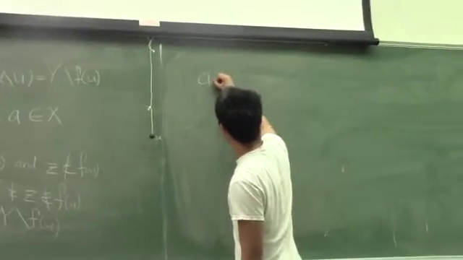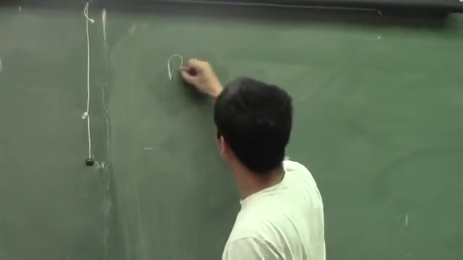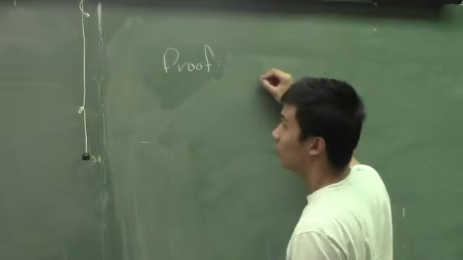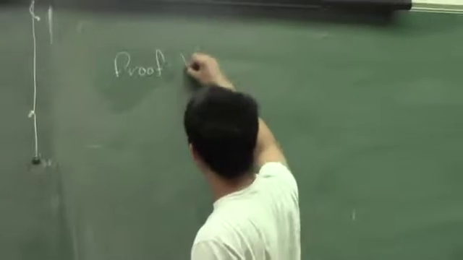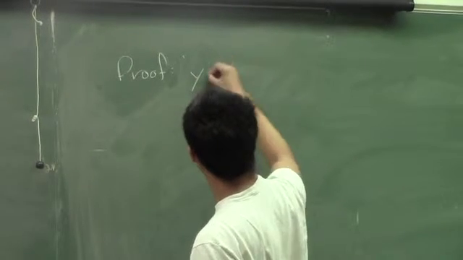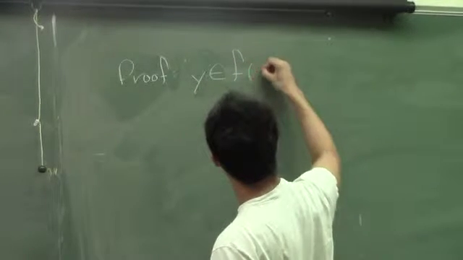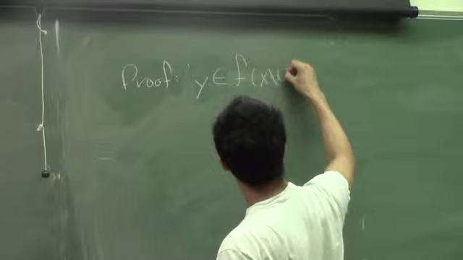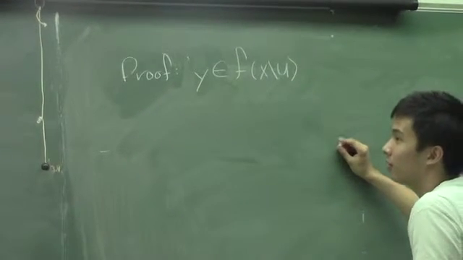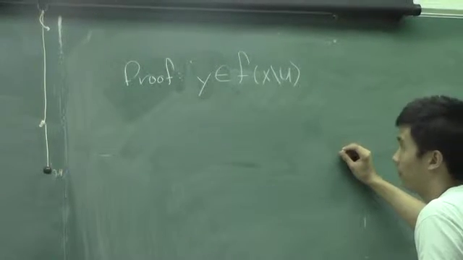So let's start out. Say little y is an element in f of X minus U. Okay, so we assume it's an element in the set on the left, and we try to show it's an element in the set on the right.